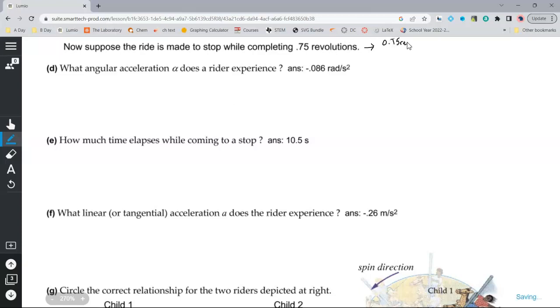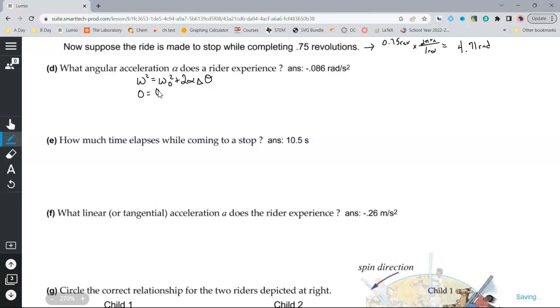Each revolution is 2 pi radians, so this is 0.75 times 2 pi, which is 4.71 radians. We have an initial angular velocity, a final angular velocity, and a change in angular displacement, so we're going to use this equation to solve for the acceleration.